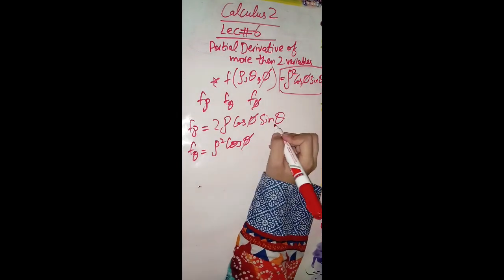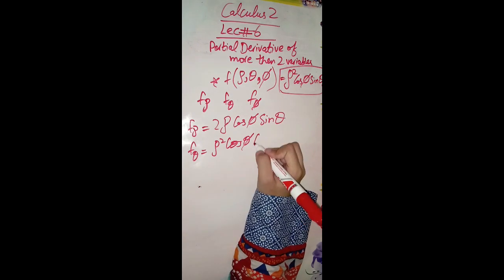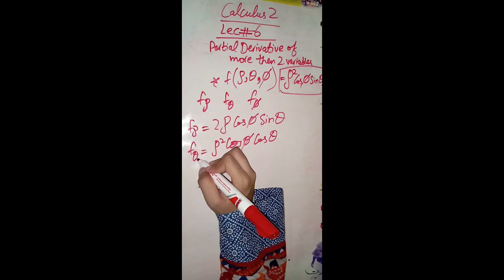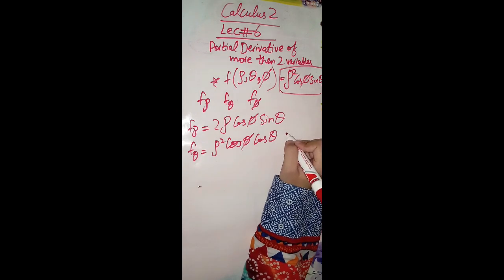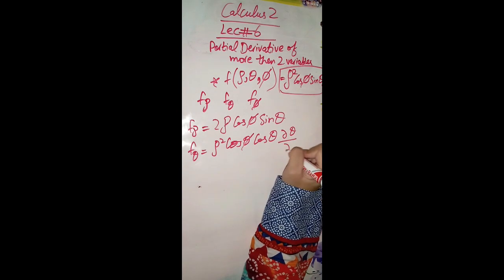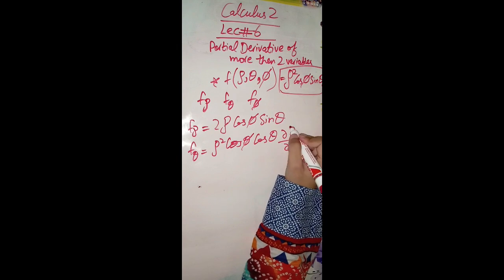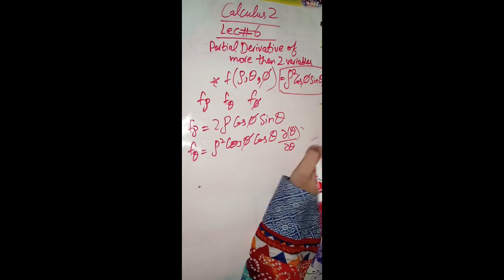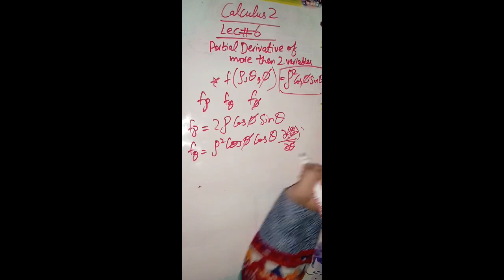We have to differentiate sin theta, and the derivative of sin theta is cos theta. As we are taking f theta, it means partial of theta by partial of theta, the partial of the angle with respect to theta, so it will be 1, and we are not writing it here.